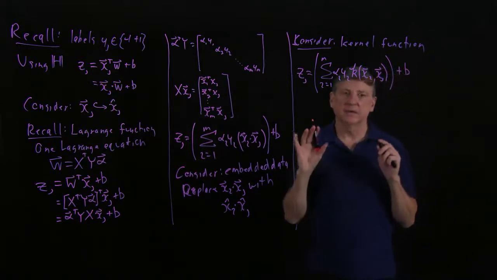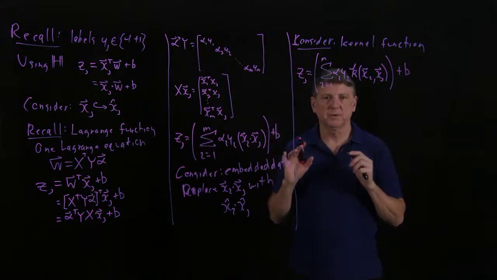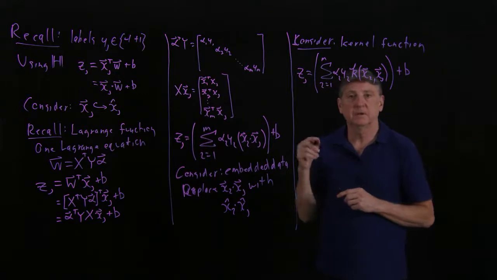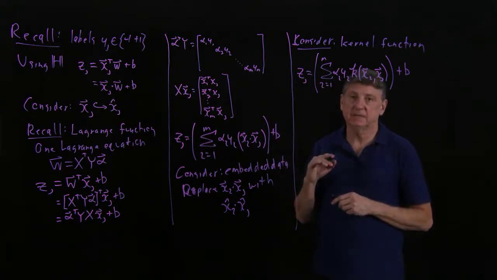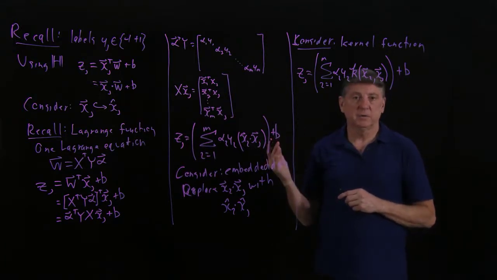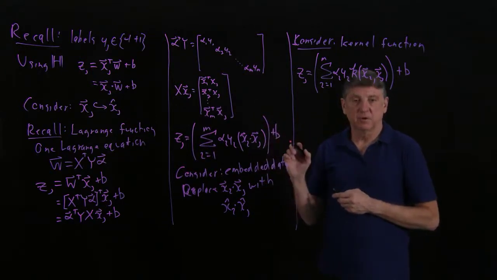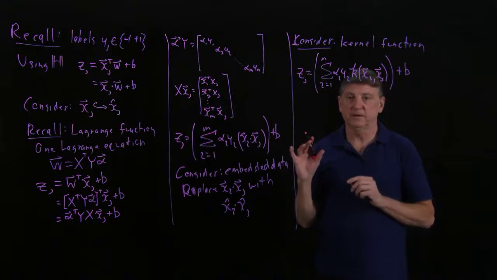Now, let's pull back and remember how Lagrange multipliers work. The Lagrange multiplier will be non-zero if the constraint is active, and it will be 0 if the constraint is inactive. Here, a Lagrange multiplier will be 0 if the data vector is not a support vector, and the alpha Lagrange multiplier will be strictly positive if it is a support vector.